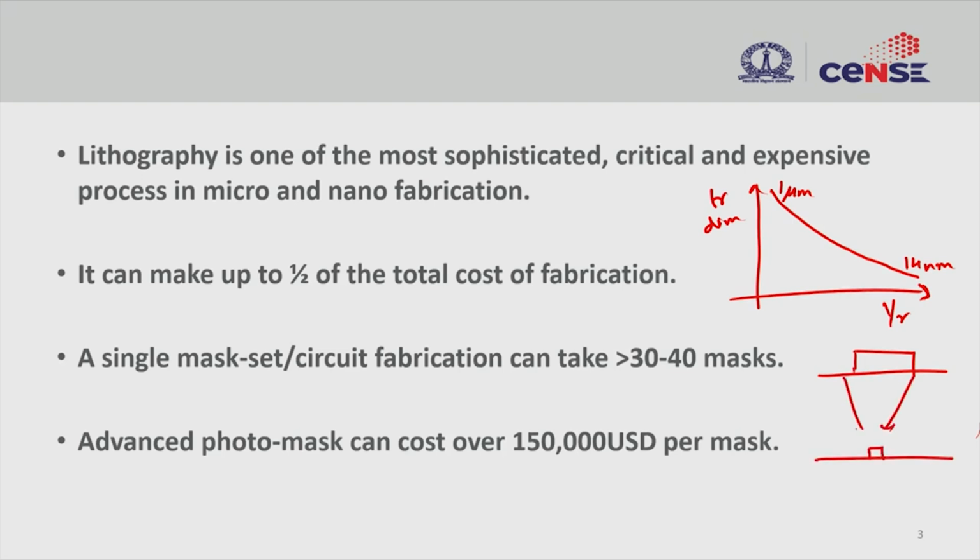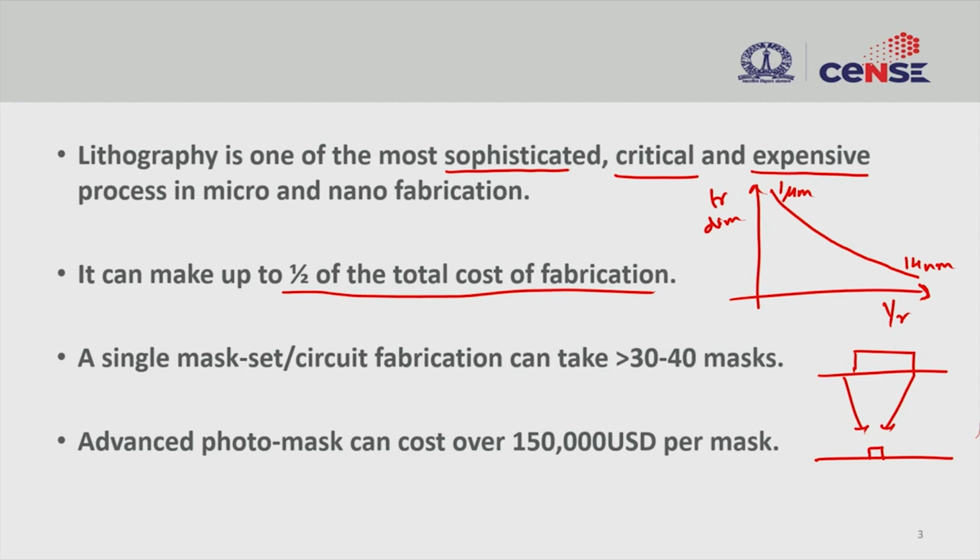This is what has happened. So lithography became a very, very important part of micro and nano fabrication technology, and that's the reason why we say it is sophisticated and very critical, and because of the nature of the process it is also very expensive, and that can actually be half of the cost of total fabrication itself.